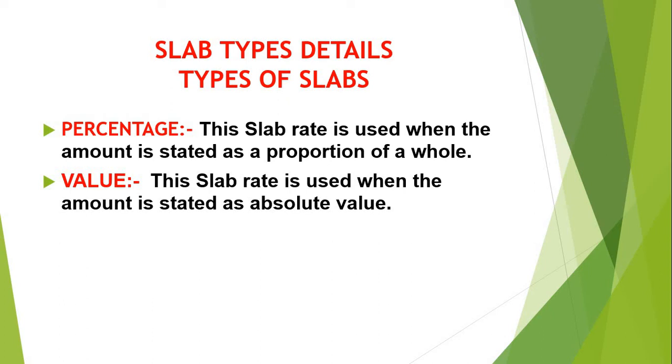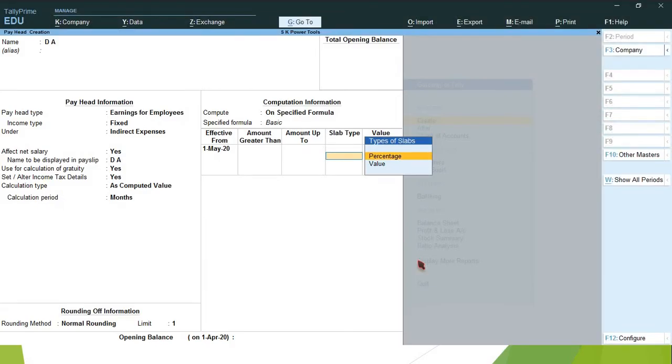So company to company, the percentage of DA is varied. Value means this slab rate is used when the amount is stated as an absolute value. So here you have to type how much value. Suppose you select percentage and type the percentage.